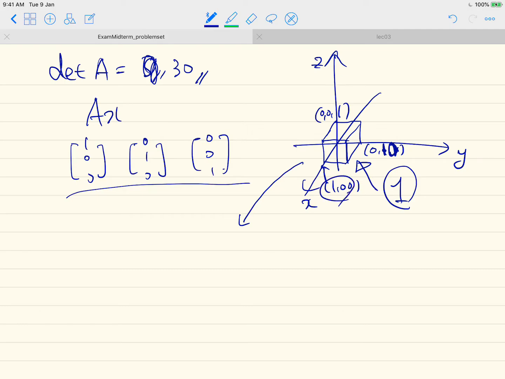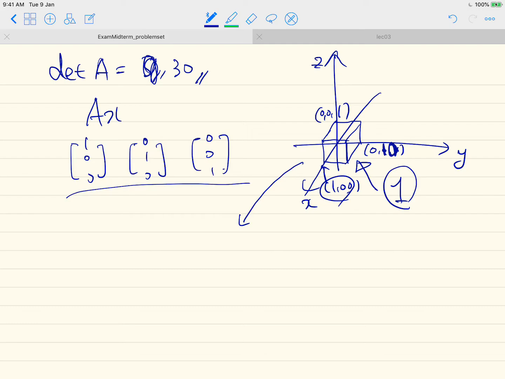So this 1 0 0 is mapped into some vector, and this is 0 1 0's output, and this is 0 0 1's output. Okay, and then suppose we are given these three vectors that have different directions, different angles, and also different lengths. Suppose this one is the output of 1 0 0, 0 1 0, and 0 0 1.